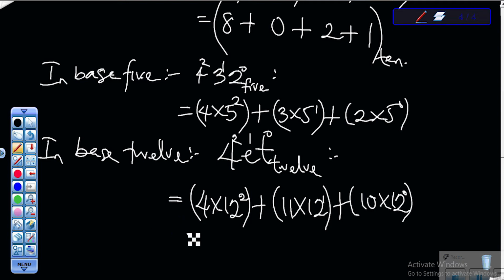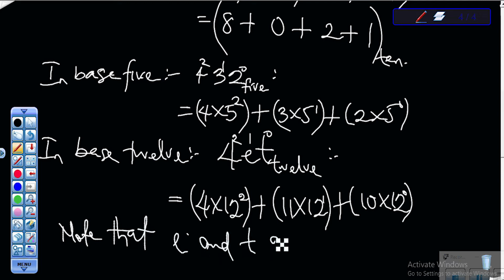Now, note something. Note that in this case, E and T are 11 and 10 respectively. You should note that.